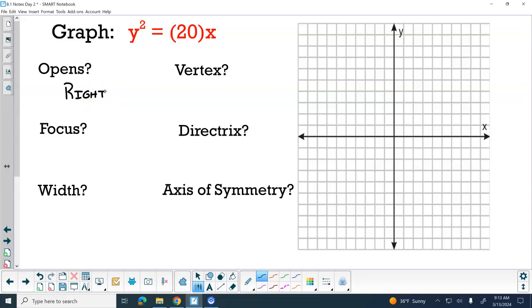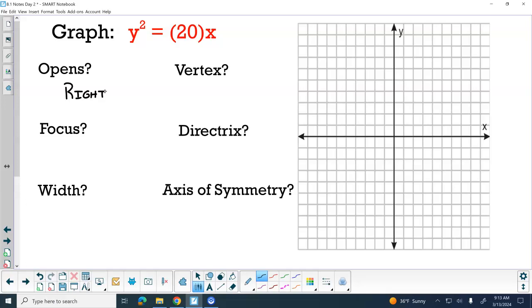Fantastic. Step number 2 says we need to identify the vertex. What is the vertex of this one? It is, but it really isn't. Vertex is h comma k, right? Well, what's the number that comes in parentheses with the x? 0.